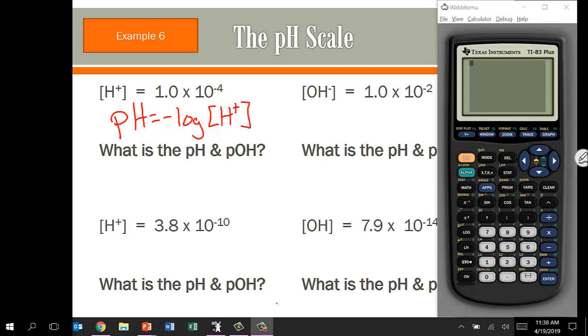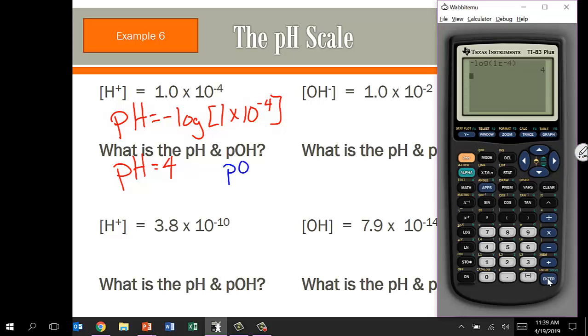So if we take the negative log of 1 times 10 to the minus 4th, we'll find our pH. So, grabbing a calculator, we'll type in the negative log of 1 times 10 to the negative 4th, and get that the pH is 4.